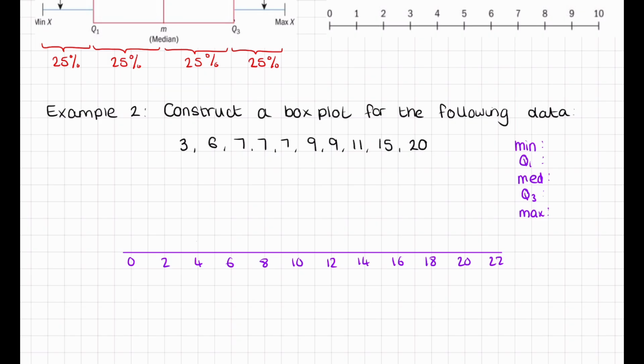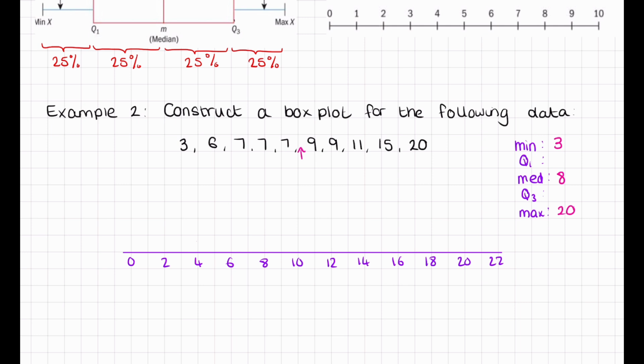But if we're to do it by hand, which we quickly can do here just as a reminder, the minimum is our smallest number, which is just 3, and our max is our largest number, which is 20. Our median is our middle value. So our middle value is between these two numbers here, between 7 and 9, which means it will be 8.